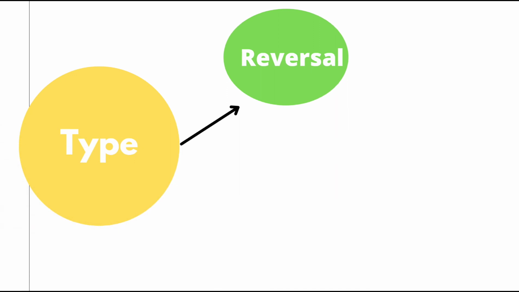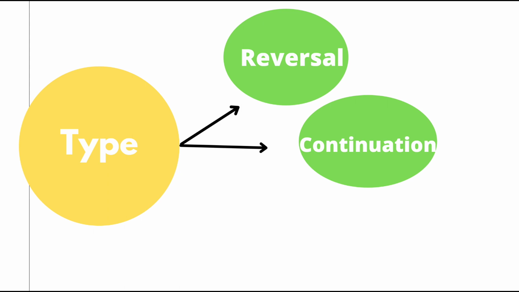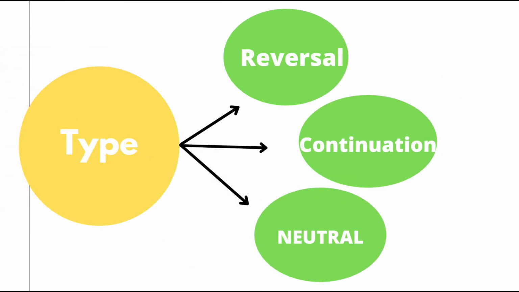We have another classification, on top of the first one, that is type. There are three types of patterns: one is reversal pattern, one is continuation pattern, and one is neutral pattern. A reversal chart pattern indicates that the price will go in the opposite direction after the pattern is formed.